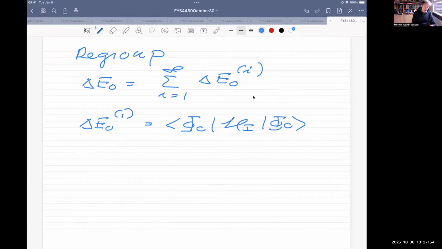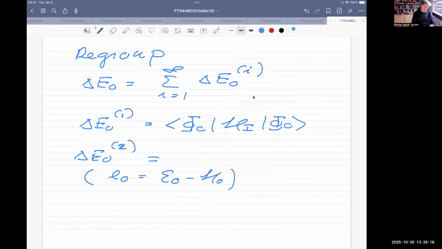If I look at my delta E0 to second order, I'm going to make a small simplification. I'm going to just introduce a quantity which I will call E0, which is the same as the non-interacting energy minus the Hamiltonian for the non-interacting case.